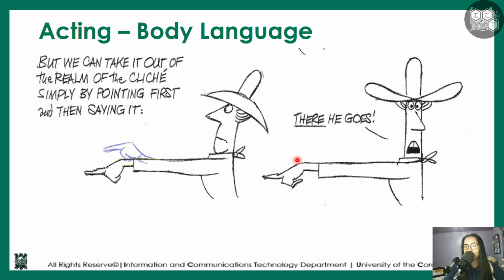So it makes it a lot more impactful. Whereas if you're doing it at the same time, the audience doesn't really know where to focus. Do they focus on the statement? Do they focus on the gesture? So you can also do it in a different way, rather reversed. So pwedeng may statement muna, and then afterwards, the character points. So that is for body language.